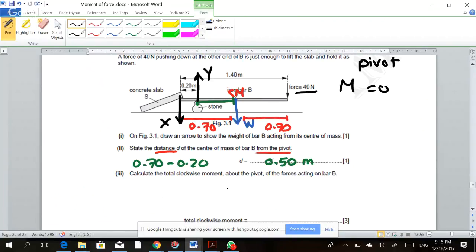Determine the total clockwise moment by using this. Move your finger in the same direction of the force about the pivot, this way. Similarly, for this one, move your finger in the same direction of the force about the pivot.